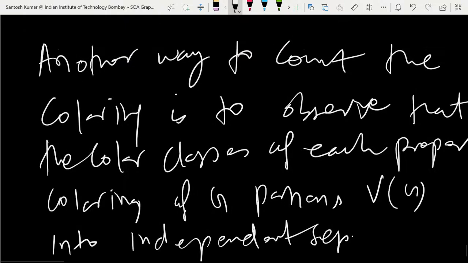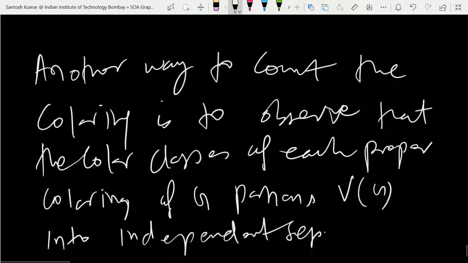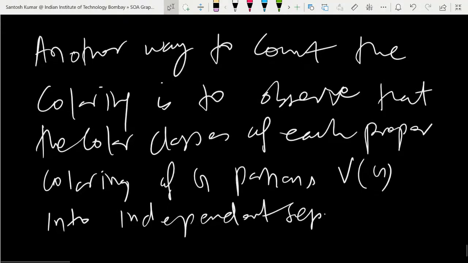When you color the vertices of a graph, if you select the vertices with the same color, that forms a partition of the vertex set. Each such group is what we call a color class, and each color class is an independent set. In this way we can partition the vertex set into independent sets.